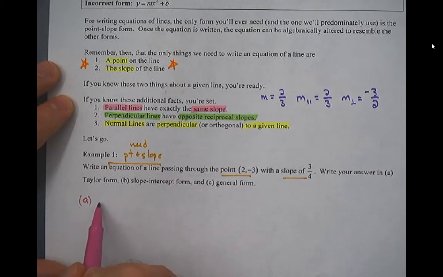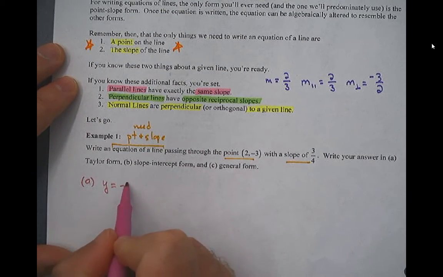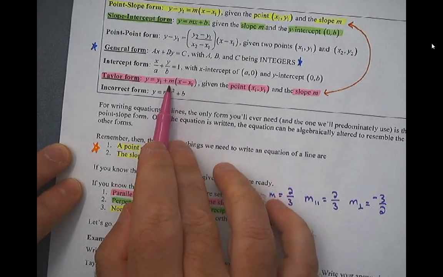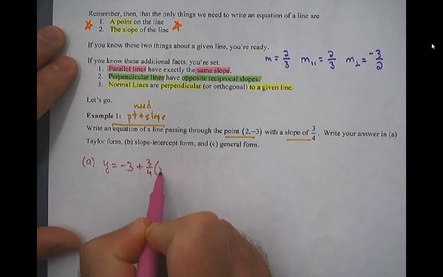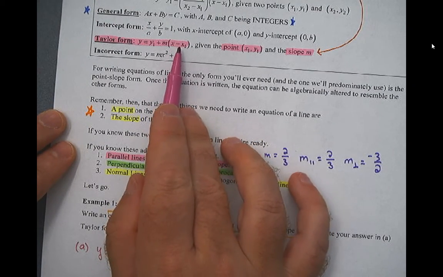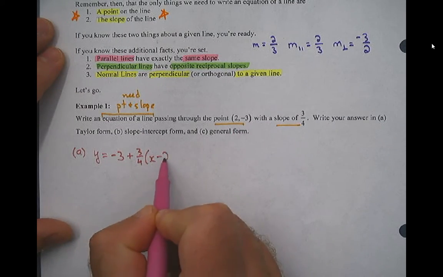So it would be y equals y1, that's our y1, which would be -3, plus our slope is 3/4, times the quantity x minus x1. So look at what's happening here. Whatever your x is, the sign is going to change because there's a subtract in front of it. So this would be -2.